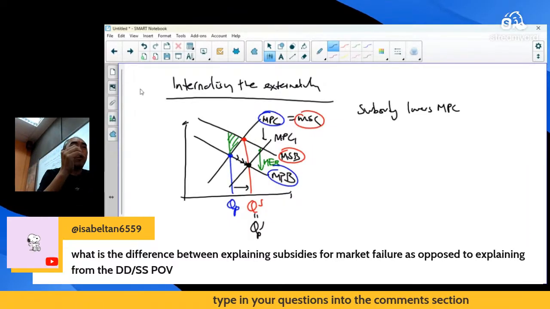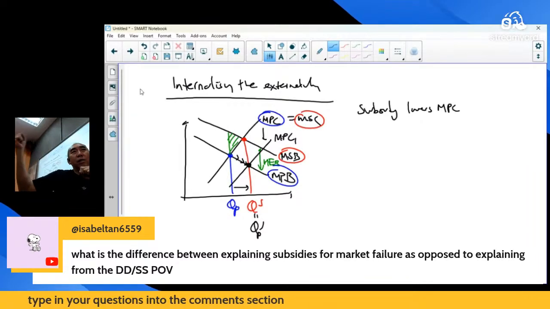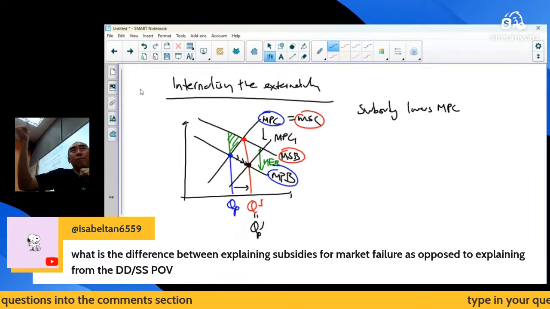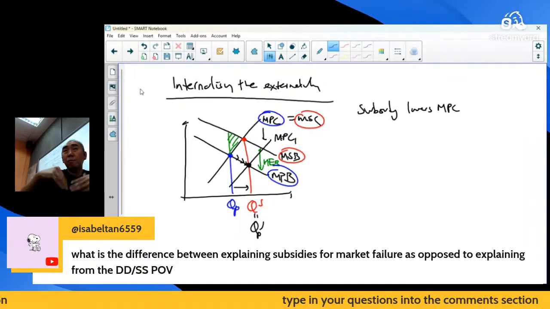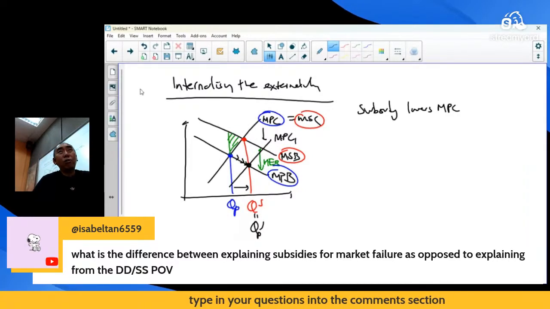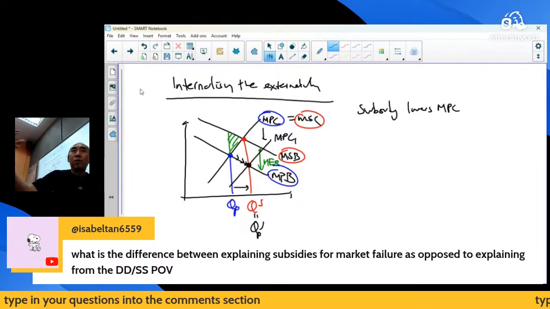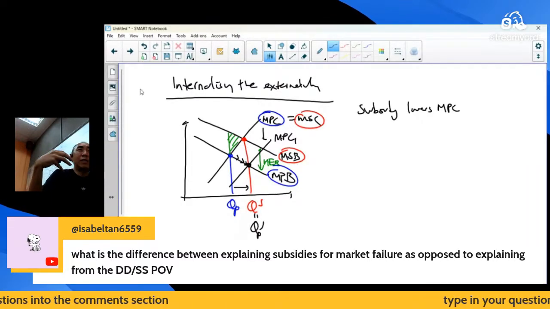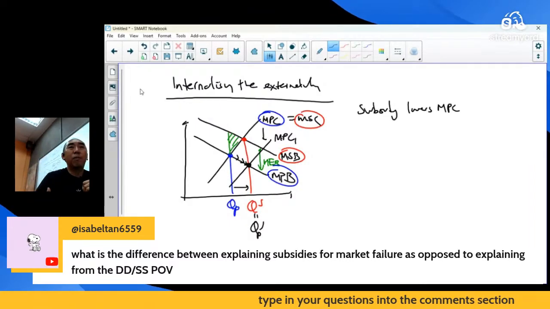So what you're trying to explain is how a subsidy can force information about external cost or benefit, in this case external benefit, into the private decision of a consumer. Then similarly for tax, if there's an external cost, then a tax equal to the external cost can be a vehicle to internalize the information about the externality into the private decision making of consumers.